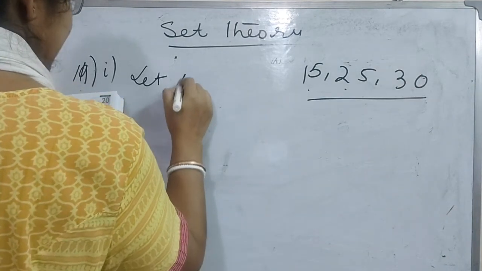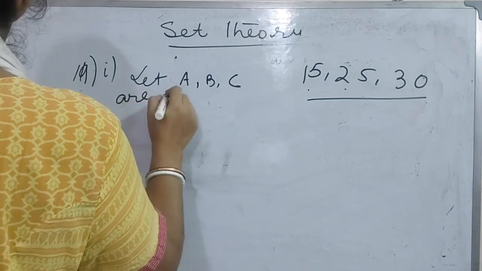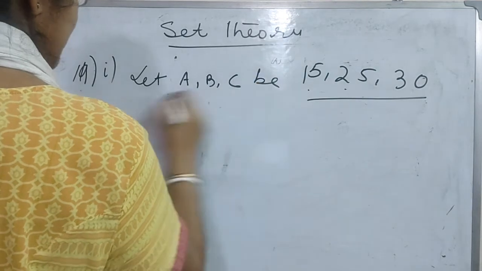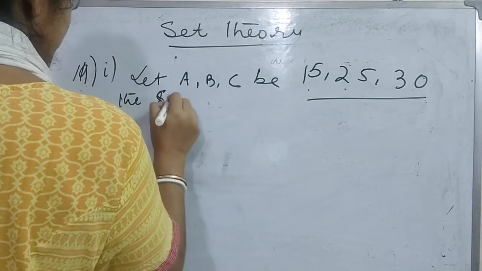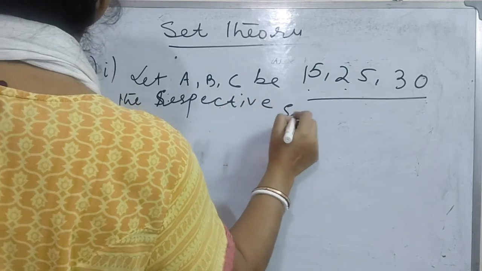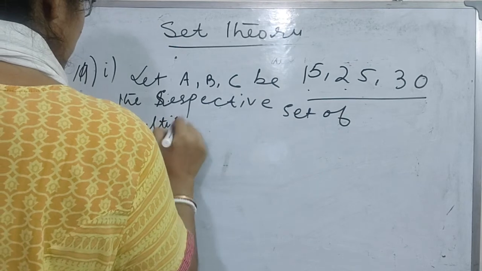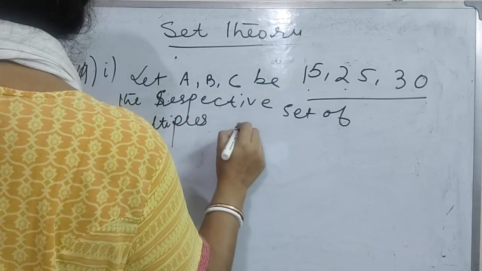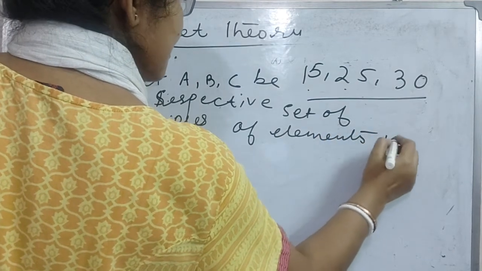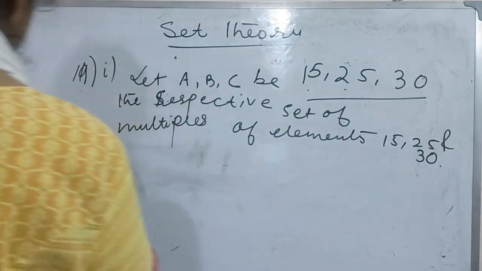Here, let A, B, C be the respective sets of multiples of the elements 15, 25 and 30.